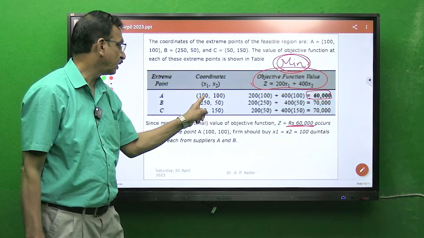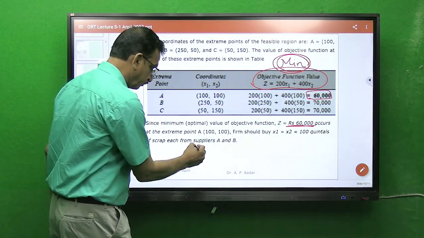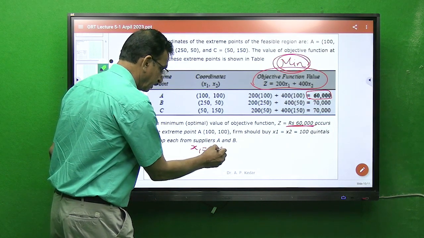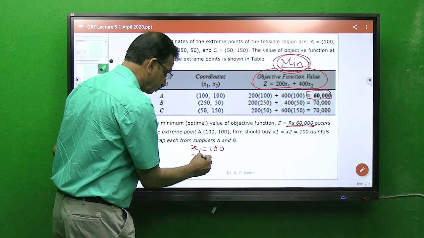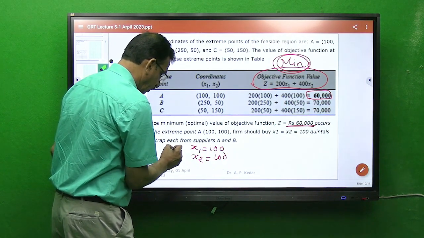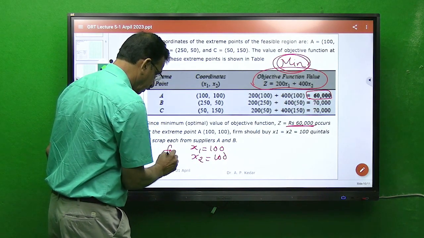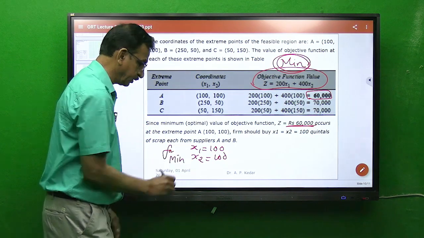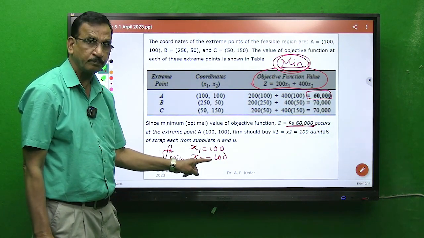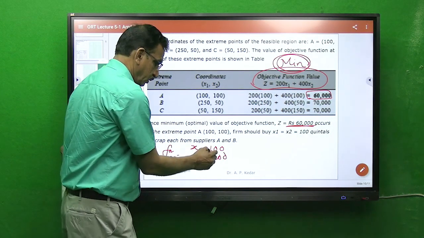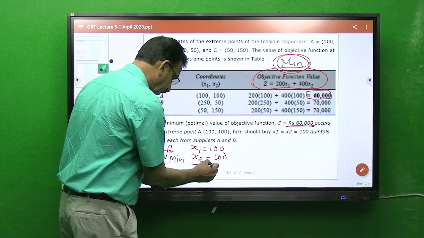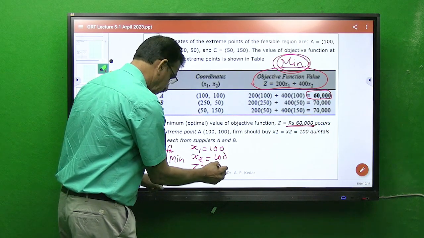So the value of x1 will be 100 units, and the value of x2 is also 100 units. For the objective function minimize, the values of x1 and x2 are 100 and 100 with Z equal to 60,000.